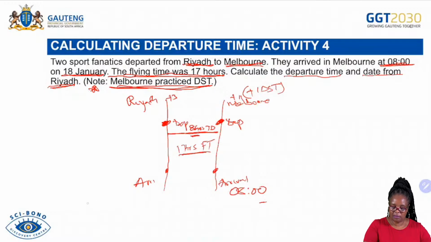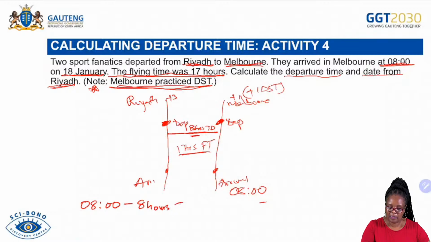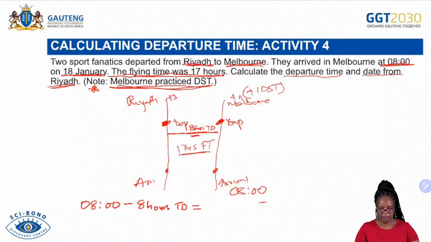Let's put it down. We have 0800 hours arrival time in Melbourne minus 8 hours time difference. Remember, minus this time difference.